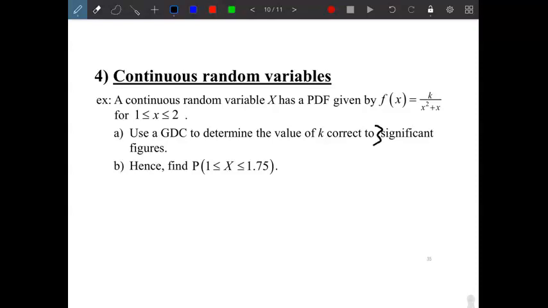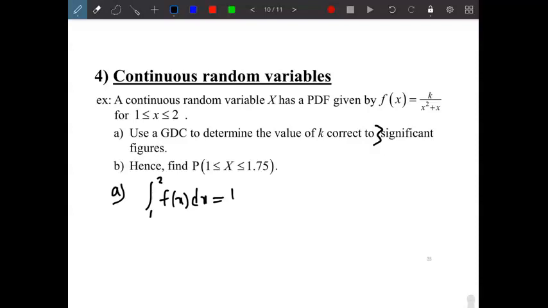Okay, so first of all, to find k, we know that the integral between 1 and 2 of f of x dx is equal to 1, because it's a probability density function and we're only working over 1 and 2. Elsewhere, f of x is 0, so we can drop them.